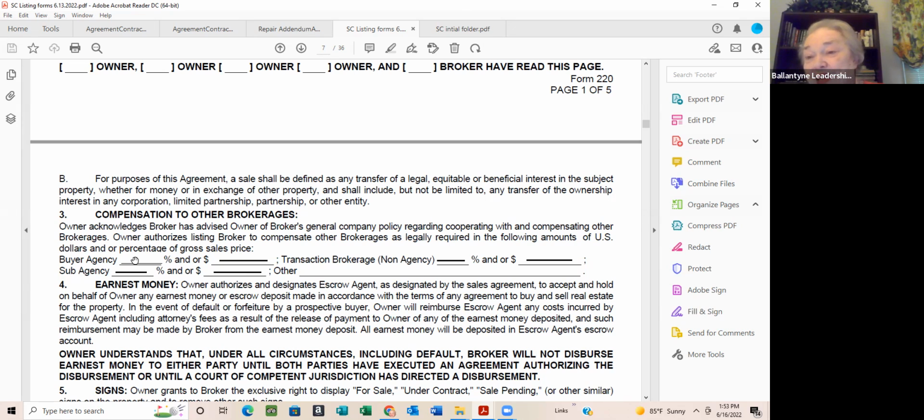And yes, I know that through the years, it has been pretty much equal. If we collect 6% as the listing agent, the buyer's agent could most of the time rely on getting 3%.